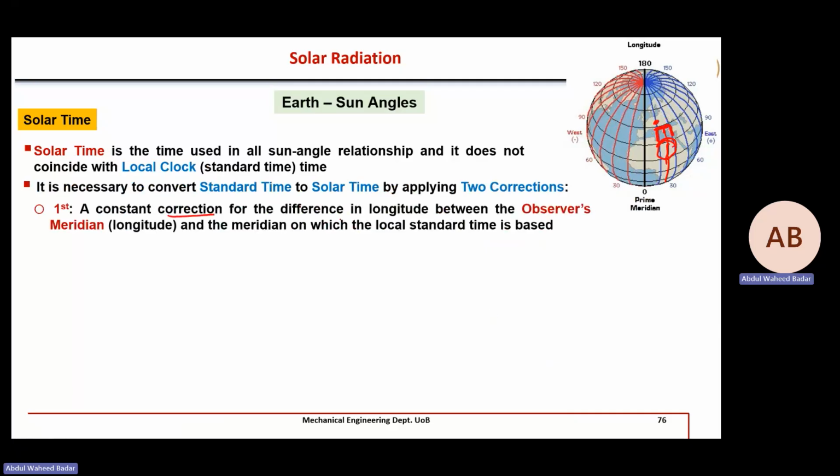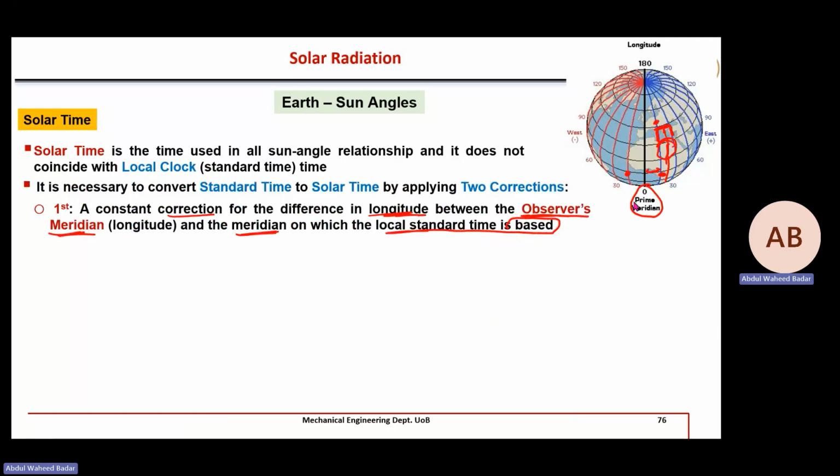This is a constant correction for the difference in longitude between the observer's meridian, where the observer is standing, and the meridian on which the local standard time is based. So we will say +1 hour here and -1 hour here. In this entire region, we are using one particular time, but actually the longitude is different. Okay. So this is one correction.